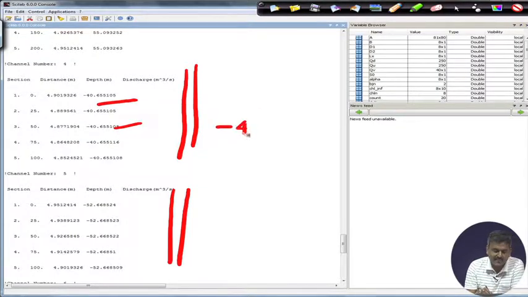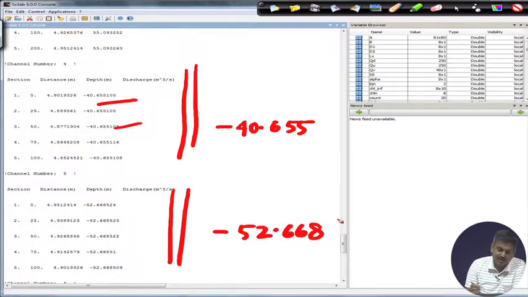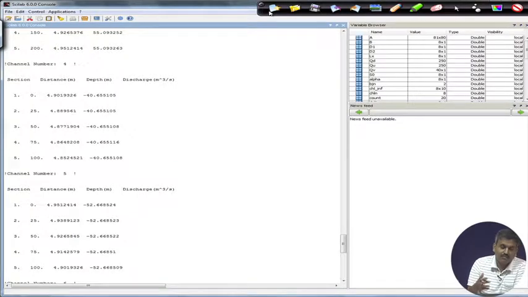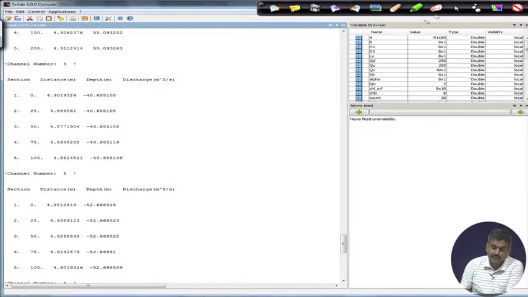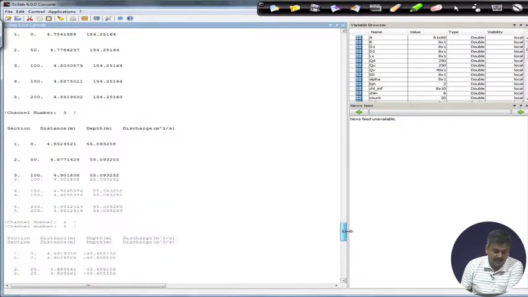In this case this is 40.655 and this is minus 52.668. So, we are starting from arbitrary values without satisfying the continuity at the junction, but we are getting the desired discharge and depth values.